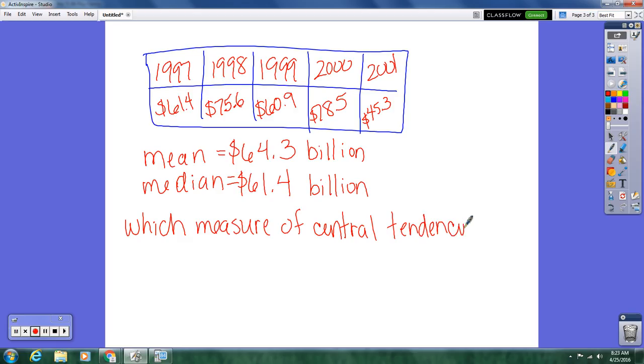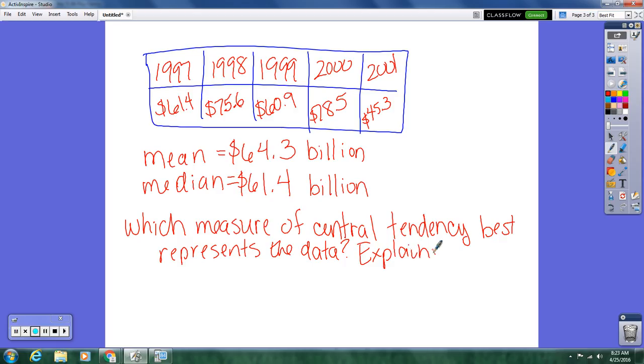I talked about this. So here's what the problem's going to look like, not the answer. Which measure of central tendency best represents the data?